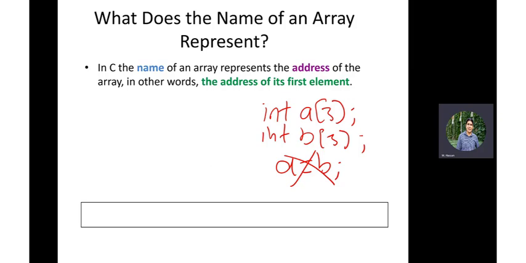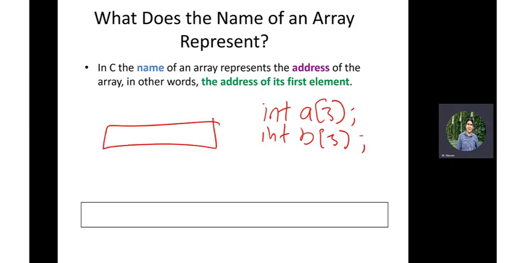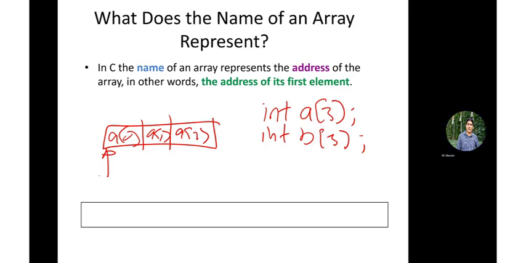Why is that the case? Because if we go back to our explanation of those 3 addresses you have here, that's A0, that's A1, that's A2, and each one has its own address. The array name itself, which is A, in fact, is the address of the first element of the array. This is called the address of the array, right?